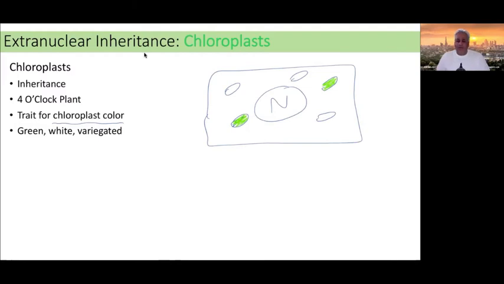And that's the wild type condition. So there's a gene that allows the chloroplast to construct pigments for capturing sunlight, and they're wild type. And then also in the 4 o'clock plant, there's a mutation. And that mutation causes the chloroplasts to not do an efficient job in making chlorophyll.